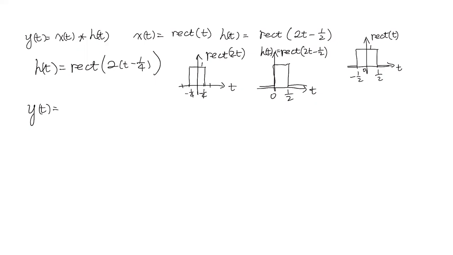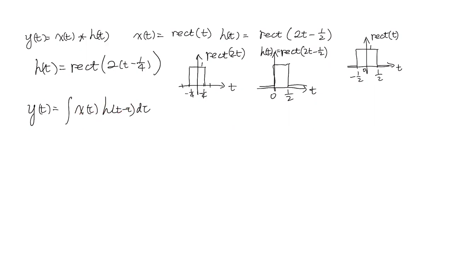If you want to expand in this version, it requires that x of tau is the more complicated form, while h is the simpler form, because when you plug in t minus tau in the simpler form, it becomes more complicated.